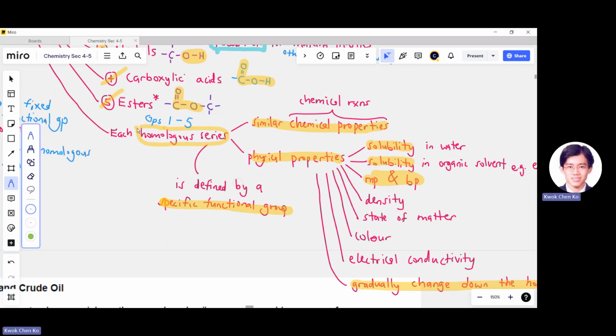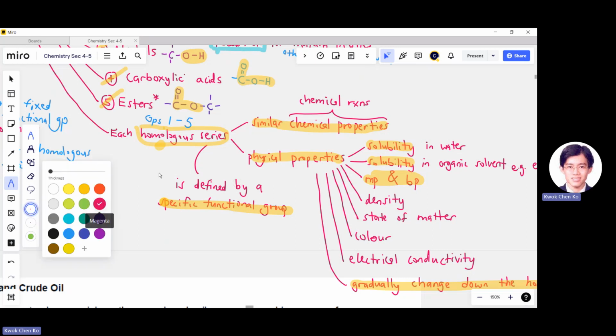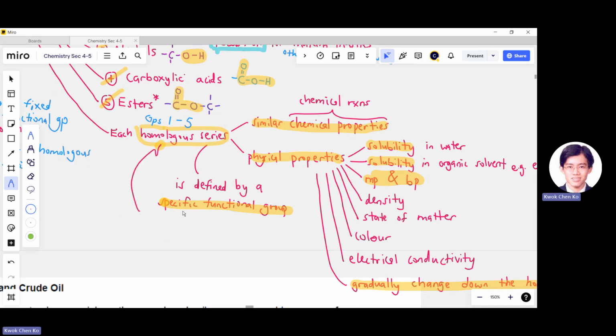And I want you to add this. I haven't mentioned this before, but can you just add into your notes? Homologous series, they share... Okay, maybe let me be more grammatically correct.